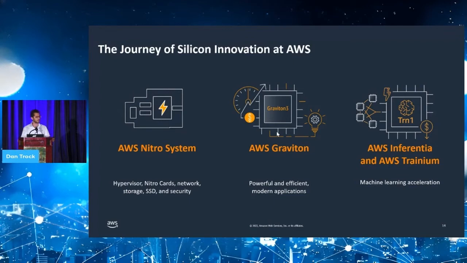The other product is the Graviton server. It's a homegrown AWS ARM-based server, which is very powerful and efficient, and it builds up an ecosystem very quickly. The third product line is machine learning acceleration. Those who want to run cost-effective inference and training in the cloud can use those accelerators.